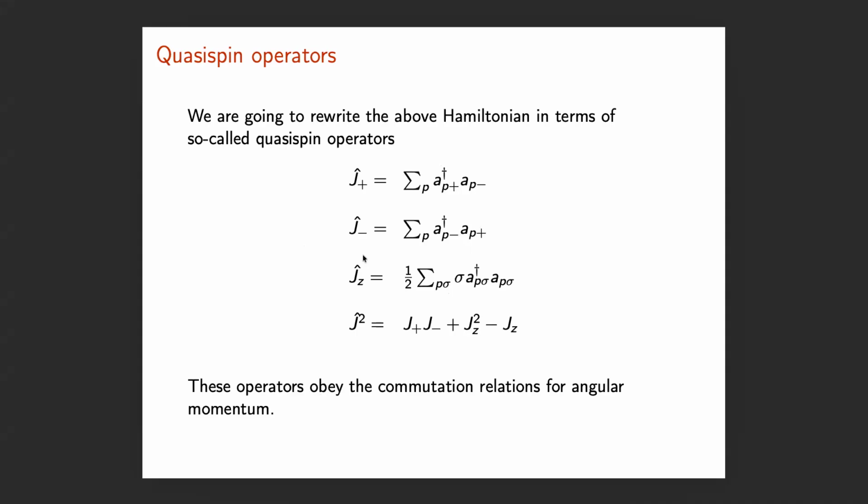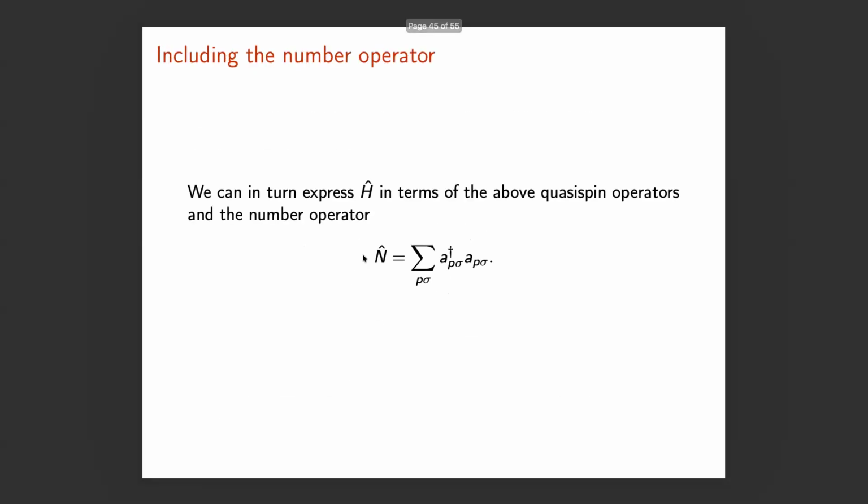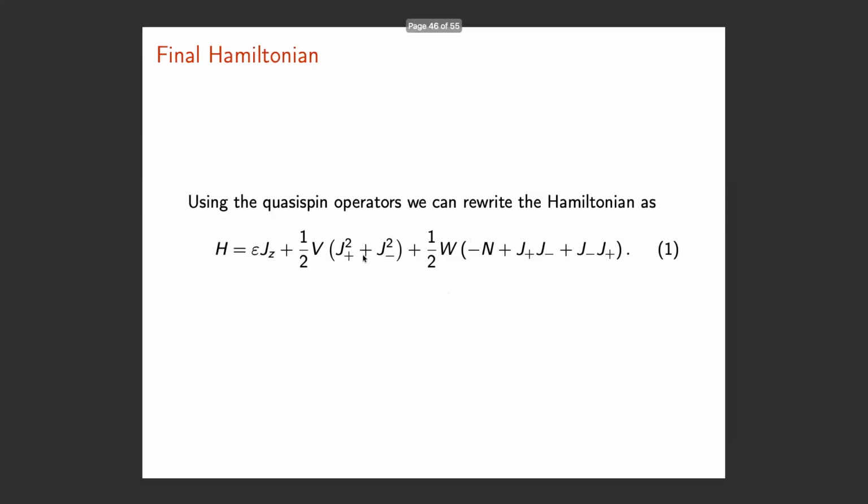I know that some of you who took the course in many-body physics have seen this before, and even done a project on it. In that specific case, if you also introduce the number operator, you can rewrite the Hamiltonian like this, in terms of these objects, which can then be rewritten as Pauli X, Pauli Y, and Pauli Z matrices. So like this, J_C can be rewritten as a Pauli C matrix.